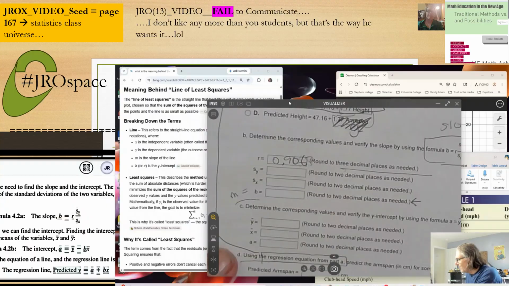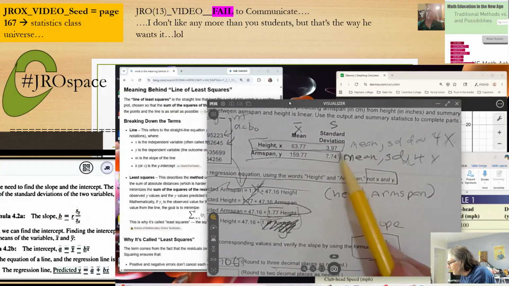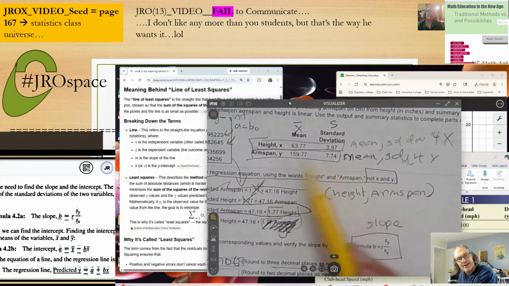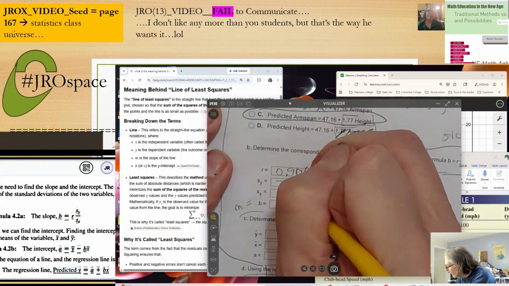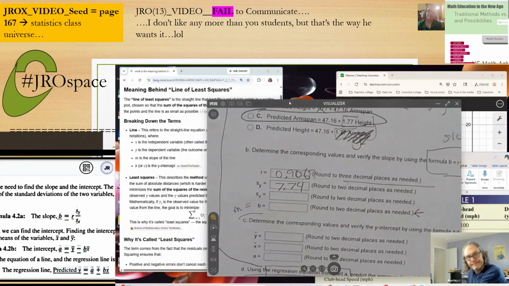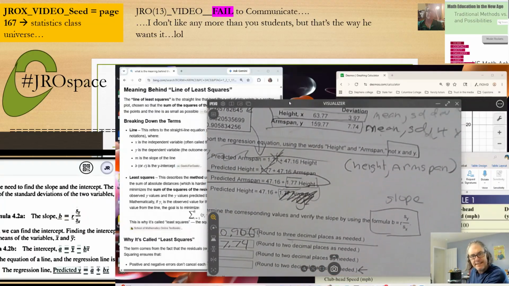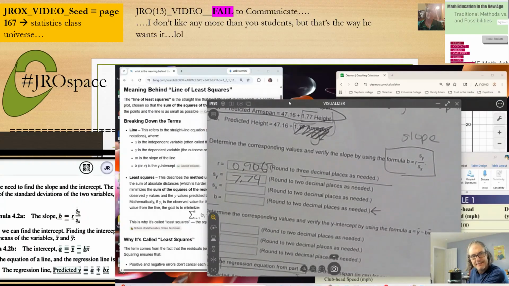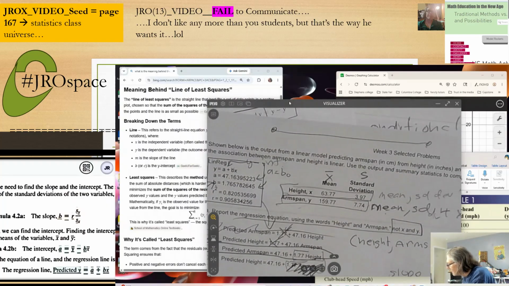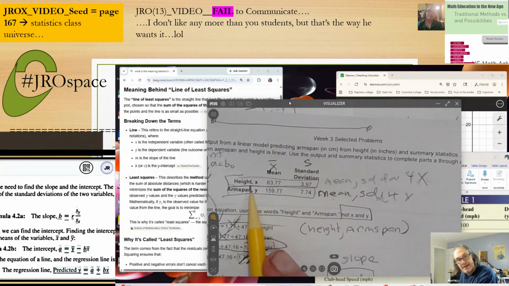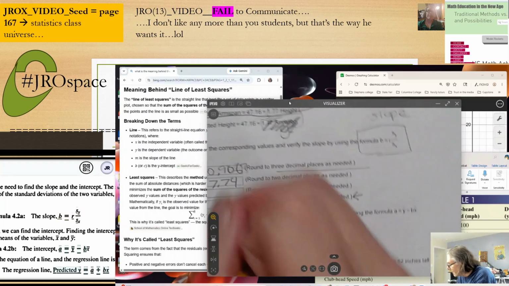So for the standard deviation of Y, we got it right here. It's arm span, so 7.74 would go right there. And that's how we would calculate it, right? And then standard deviation of X from up here, standard deviation of X right here, 3.907.